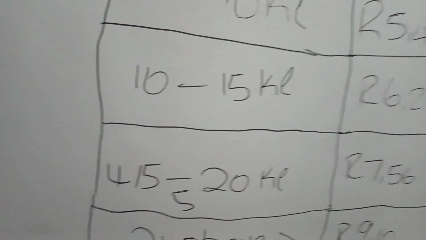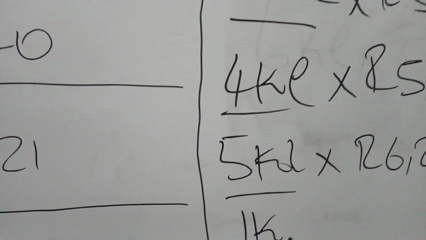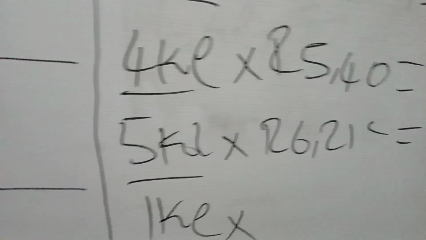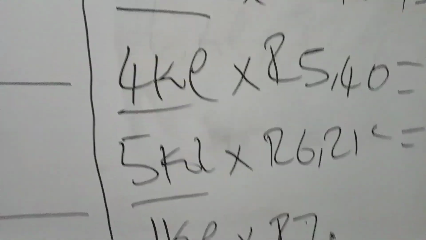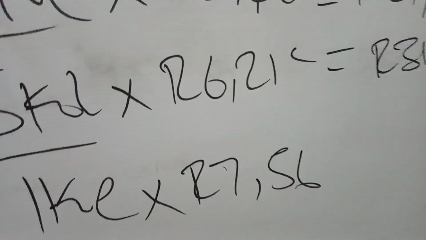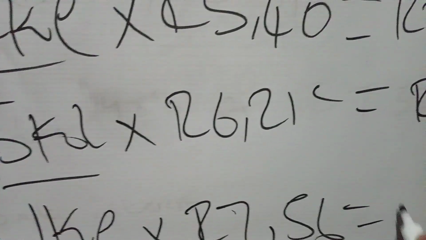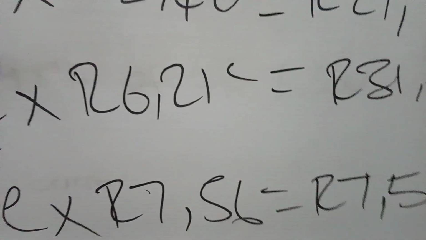Instead, we're going to use 1, because 1 is what we're left with. 1 times the cost price on block 4, which is 7 rands and 56 cents. And the answer is 7 rands and 56 cents.